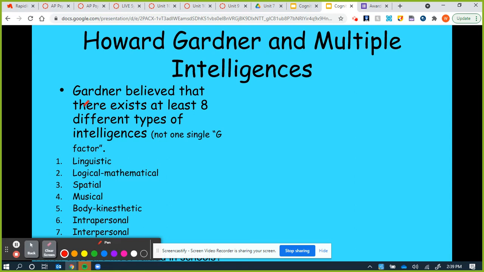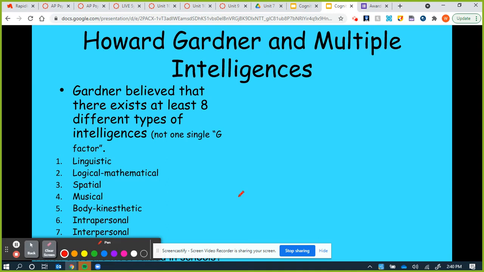Linguistic intelligence is like being good at writing, speaking, all of those things. Logical mathematical is sort of book smarts, being good at logical things and math, obviously. Spatial intelligence is understanding how to manipulate space.